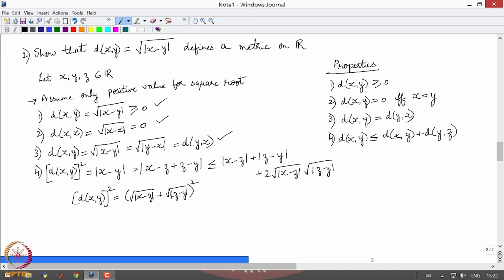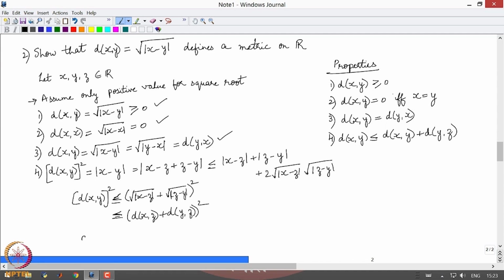So, I just converted this into a complete square, and now I can say that this is the distance between x and z, and this is the distance between y and z, whole squared. Sorry, this will be an inequality.